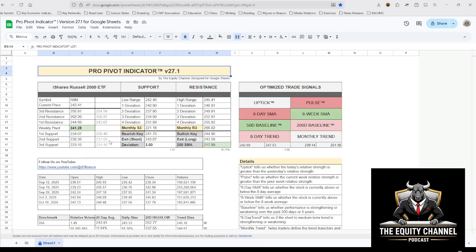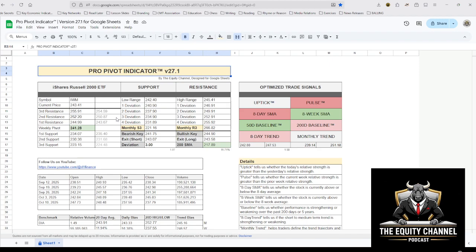We have multiple strategies built into the spreadsheet, right? And then the spreadsheet itself works around different strategies.